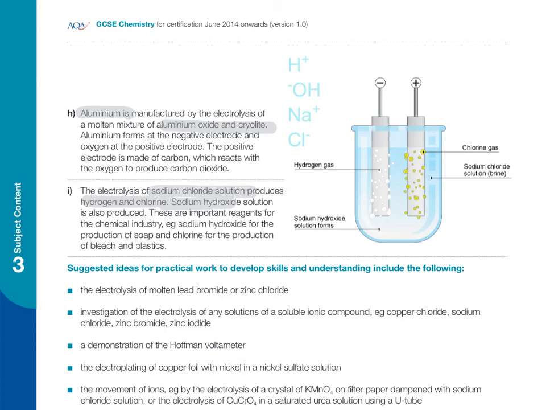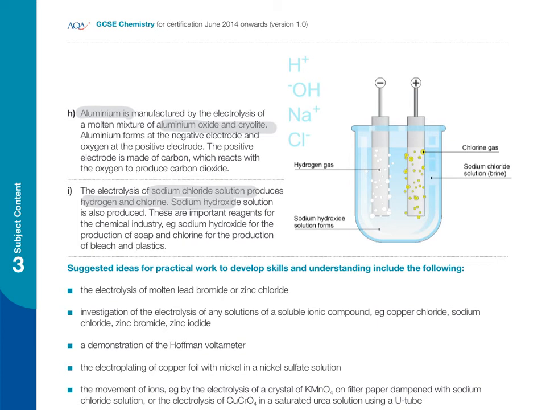However, you must remember that looking at the reactivity series, any metal that is higher than hydrogen in the reactivity series will actually result in hydrogen gas being formed at the electrode instead of that metal.